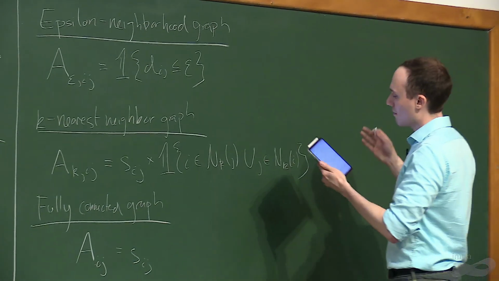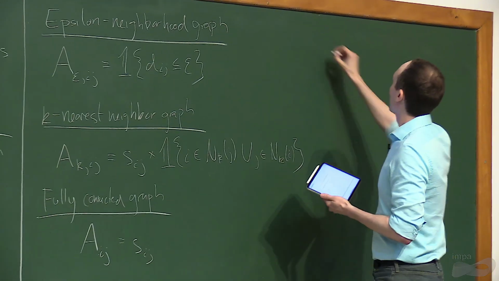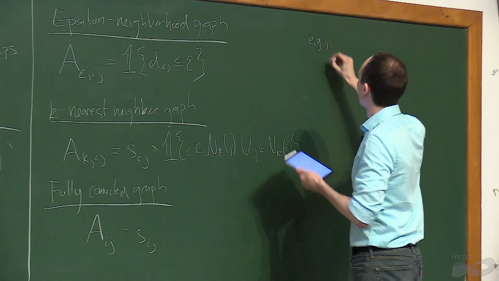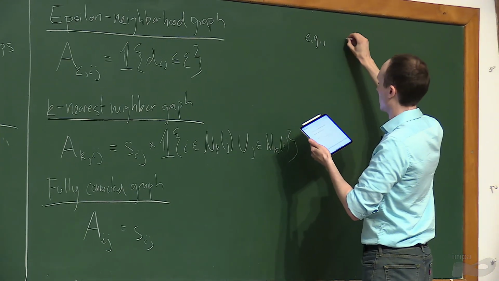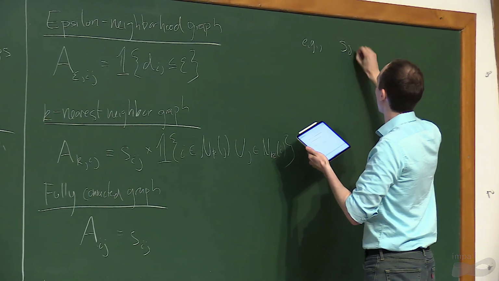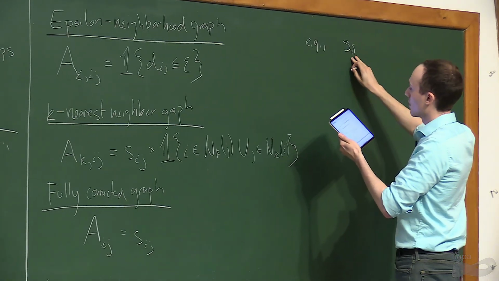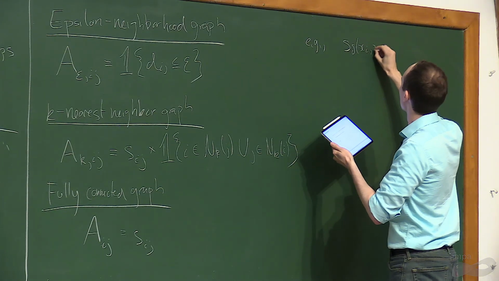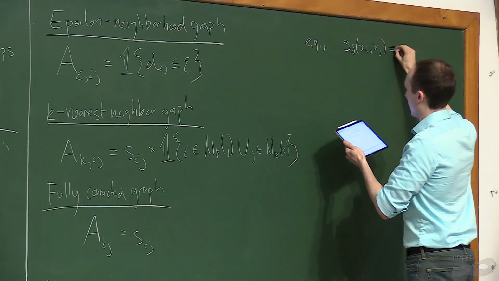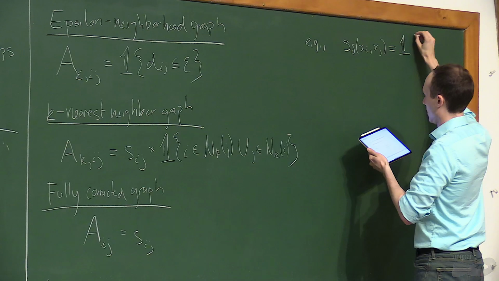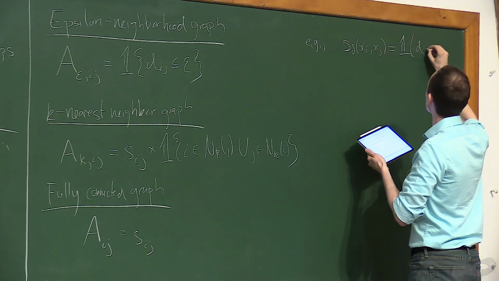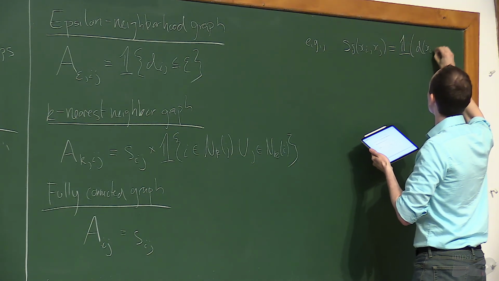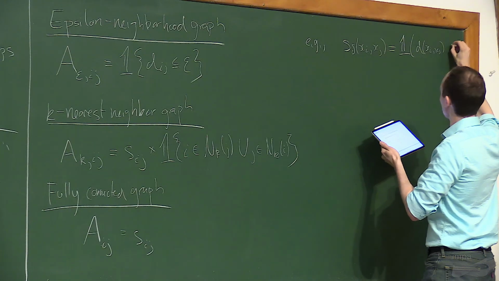Right. So there are many examples that you might consider. Perhaps the most standard are, so a similarity determined through a distance and threshold here. That is just the indicator that the distance is less than delta.